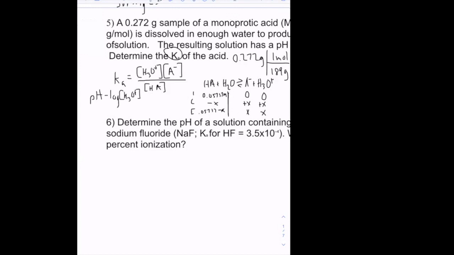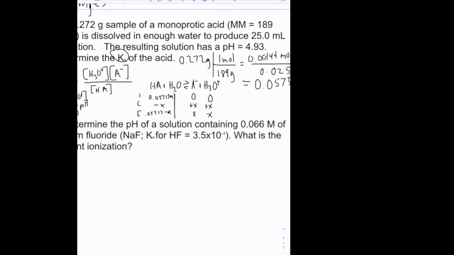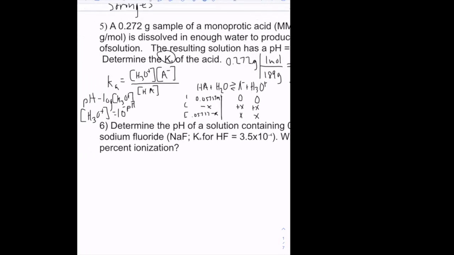And the other way you can do that is that the concentration of H3O plus equals 10 to the negative pH. Since the pH is 4.93, the concentration of H3O plus is going to equal 10 to the negative 4.93.